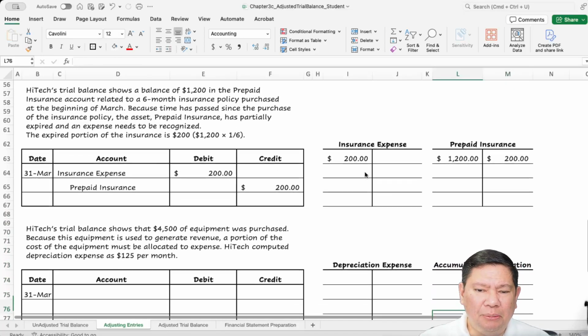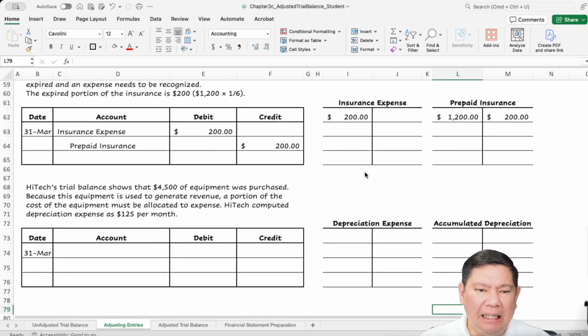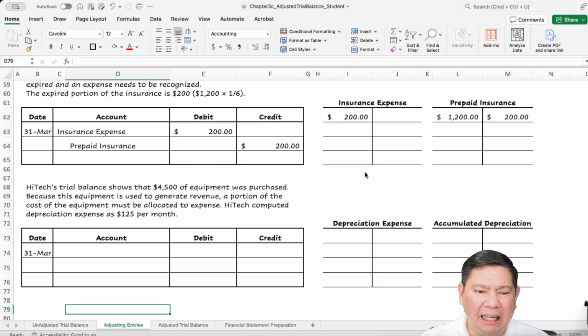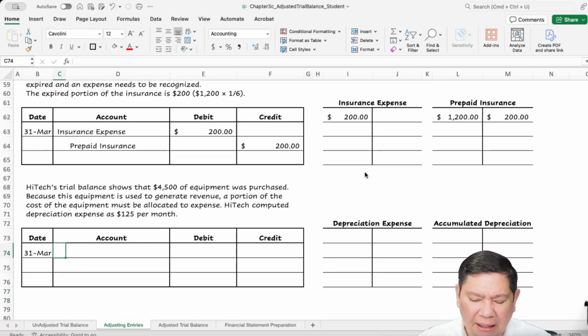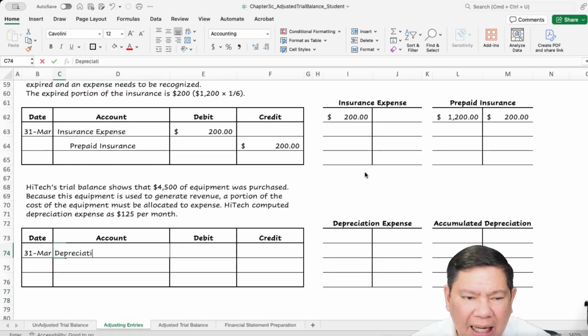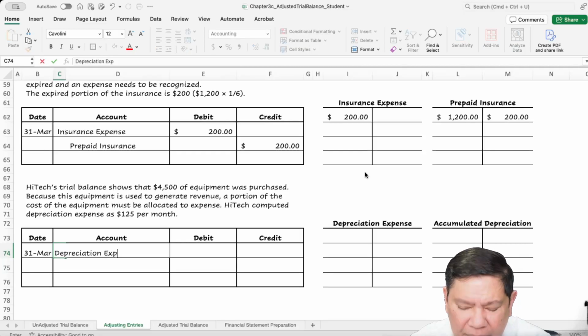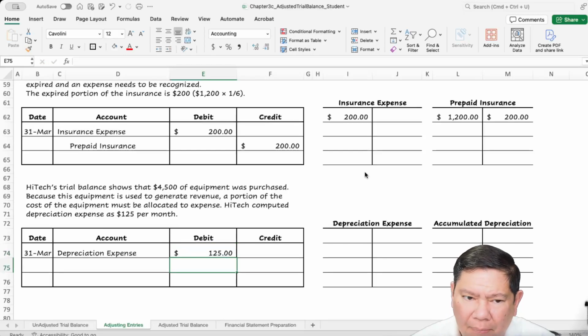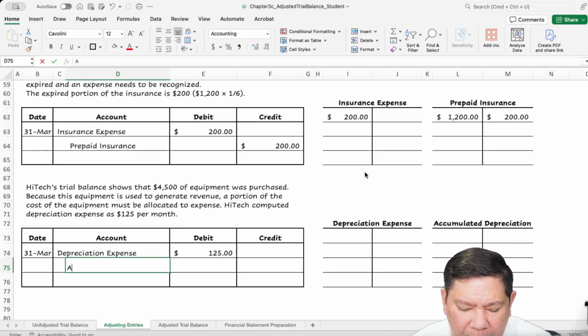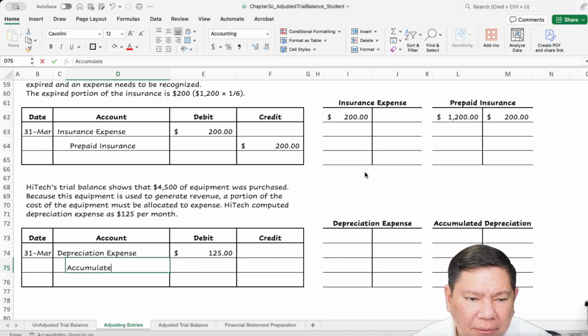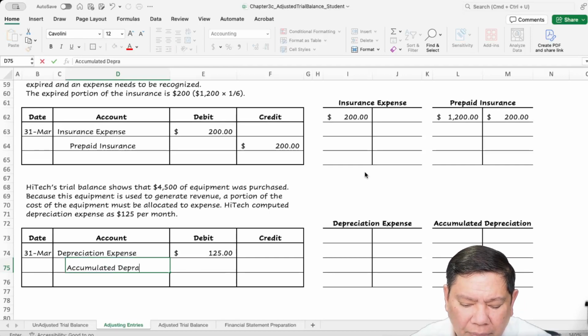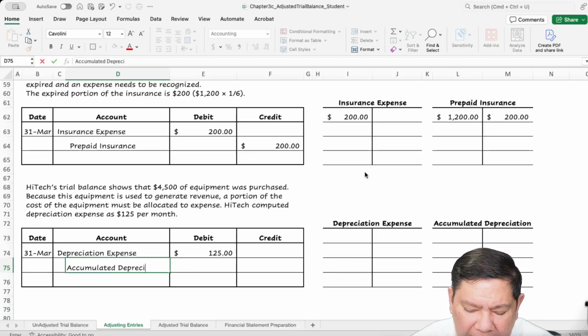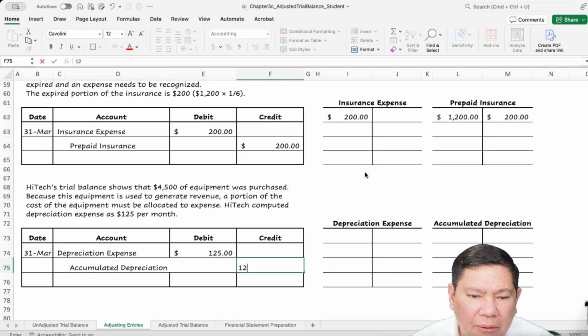Now, our last one is the depreciation expense. It has been calculated for us. So depreciation expense is new. So this is the first time we recognize it. Oops, 125. And accumulated depreciation, 125.